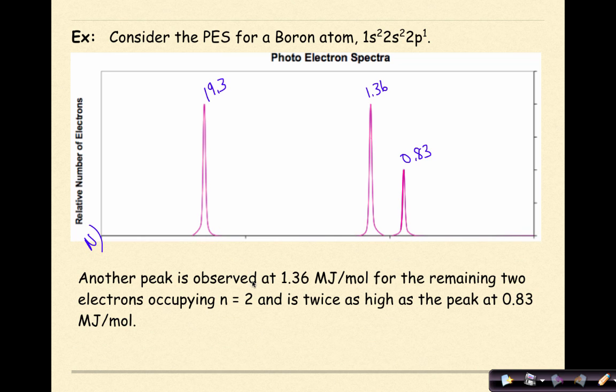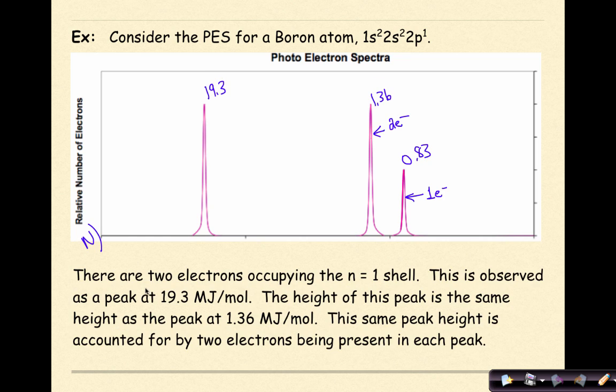Another peak is observed at 1.36 megajoules per mole for the remaining two electrons occupying the second shell, and is twice as high as the peak at 0.83 megajoules per mole. So this peak is representing one electron, and this peak is representing two electrons. There are two electrons occupying the first shell.